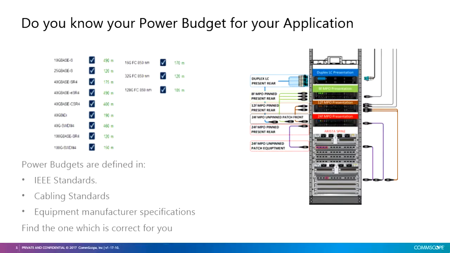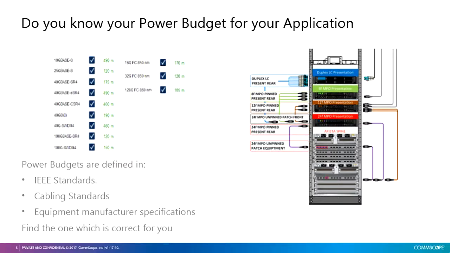The reason is that the standards we know today are not applicable anymore inside data centers, because the data center is demanding more bandwidth and more applications. In this slide, if you go with a 40 gig based SR4 transceiver, the maximum length you can run OM4 or OM5 cable in the data center is 490 meters.